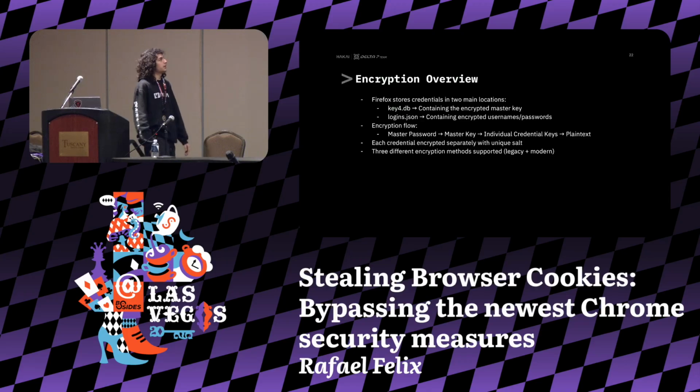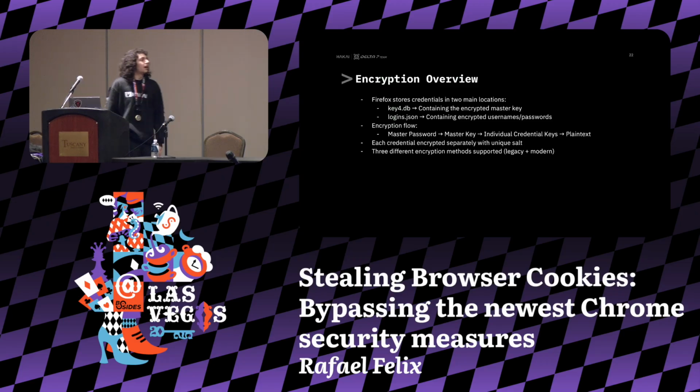So yeah, let's get to the encryption overview. Firefox stores the credentials in two main locations, as I've said: key4.db, which contains the encrypted master key, and logins.json, containing the encrypted usernames and passwords. The encryption flow follows this process. We have the master password, the master key, the individual credential keys, and then the plain text.